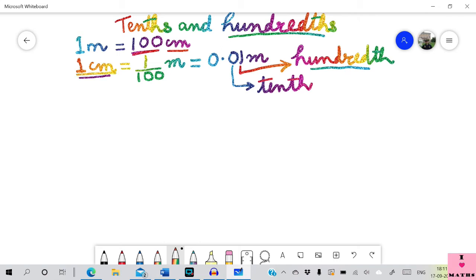So 1 centimeter is equal to 1 out of 100 equal parts of a meter.